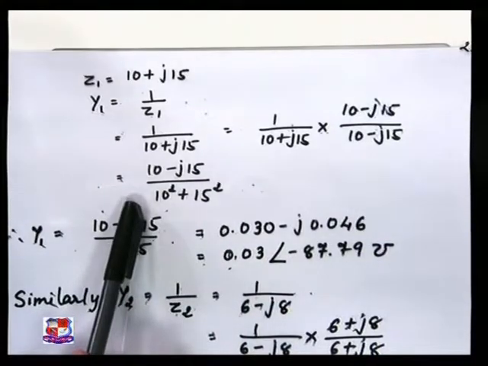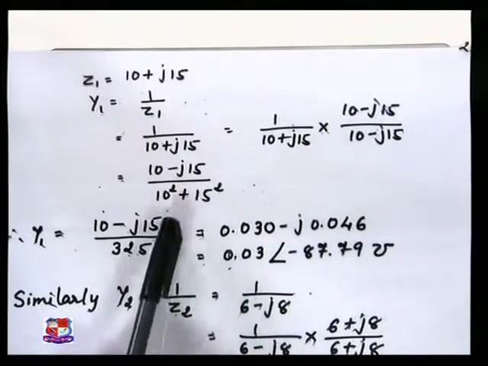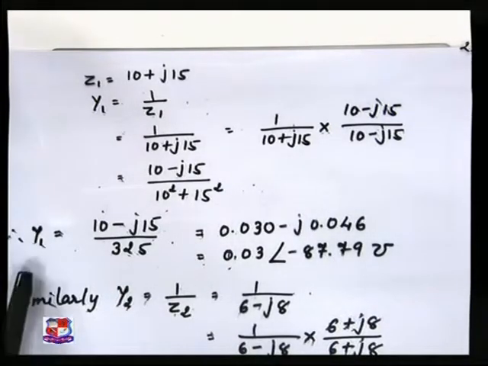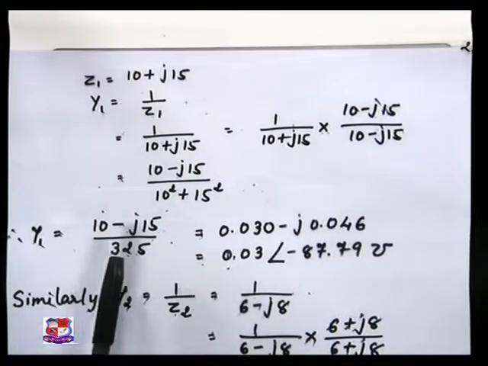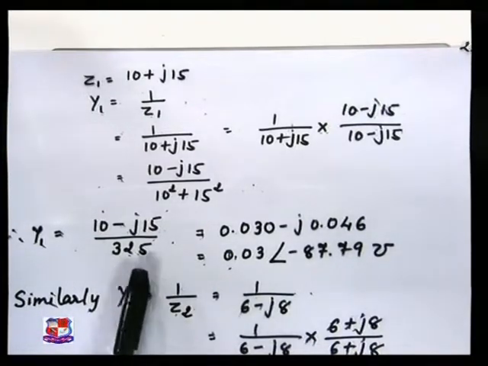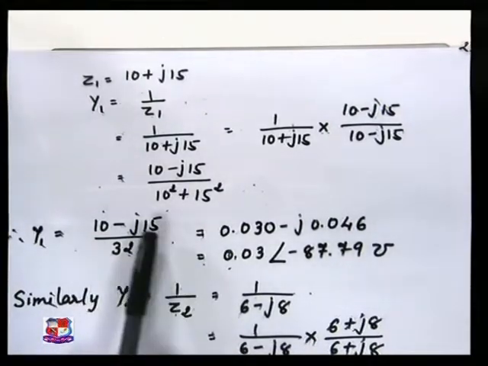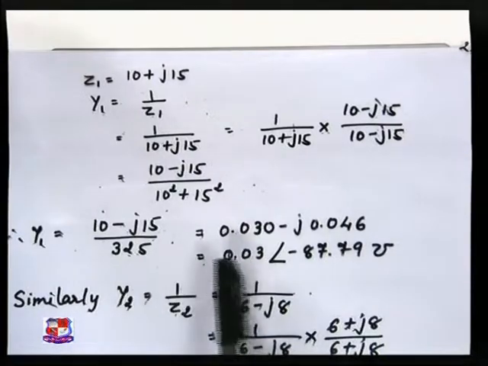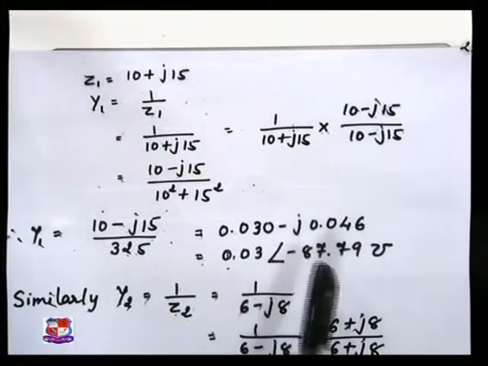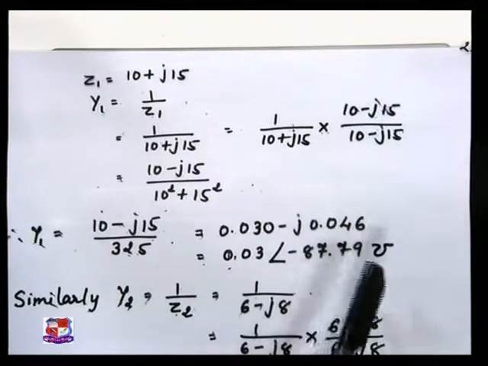So it is like this, 10 minus J15 divided by 10 square plus 15 square. So your Y1 is equal to 10 minus J15 divided by 325. If you simplify this equation, your answer is 0.030 minus J0.046.